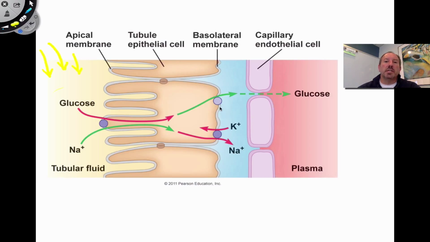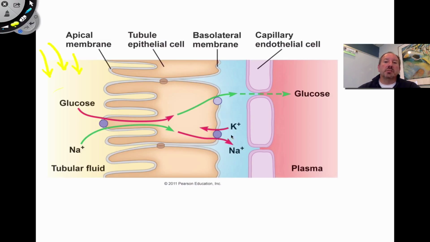Okay, so let me draw your attention over here for a second. In the proximal convoluted renal tubule, the cell actively pumps out sodium. And if you recall the details of this, it's sometimes referred to as the sodium-potassium pump. The cell expends energy in the form of ATP, and it literally pumps out 3 sodium ions and then 2 potassium ions come in, and there's an exchange going on.